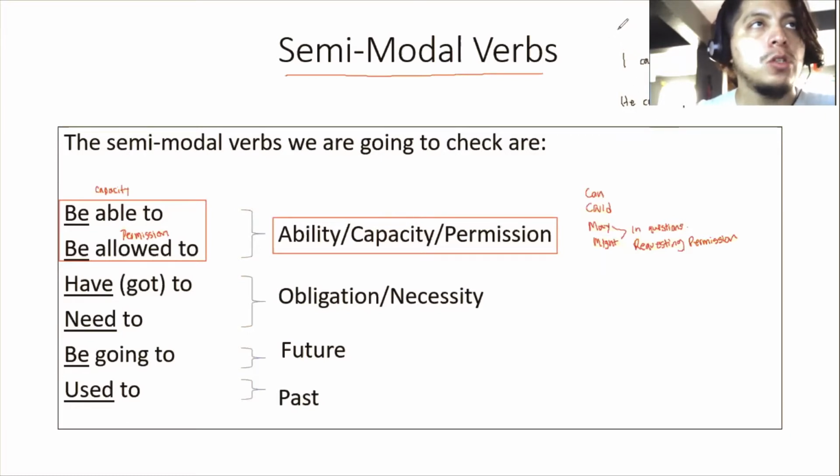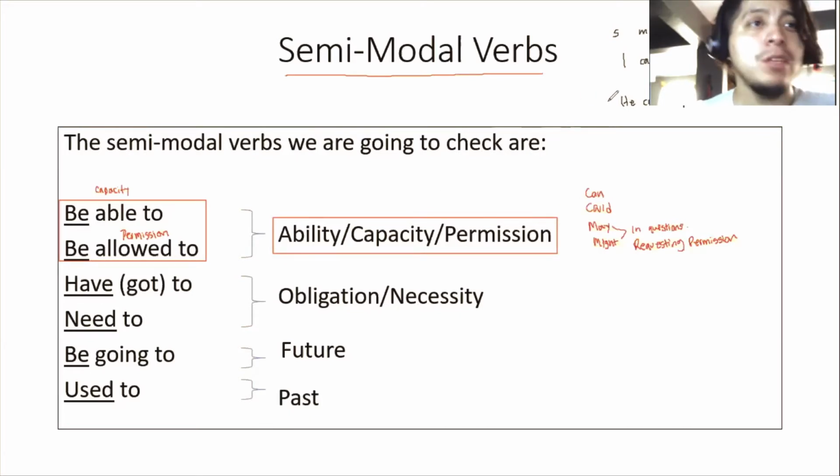So we have subject, modal verb, and verb in the base form. We don't really have a complement. The complement is optional. If you want to say something, you can say high. I can jump high, he could jump high. This is a modal verb of ability or permission.